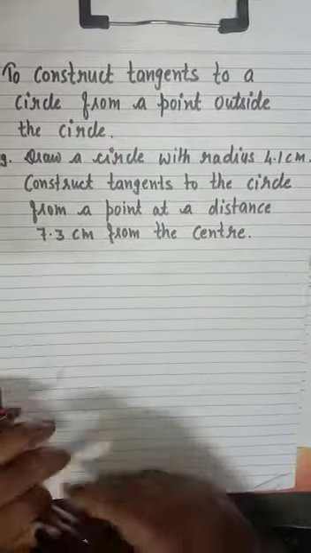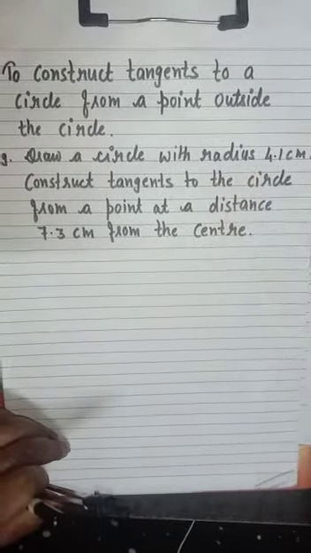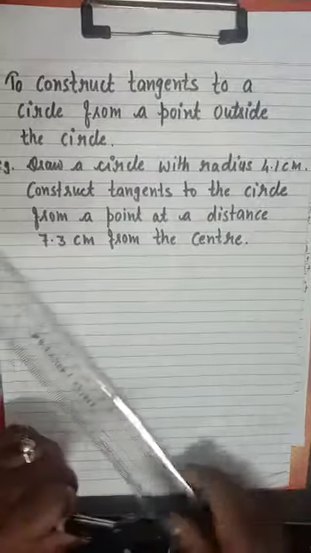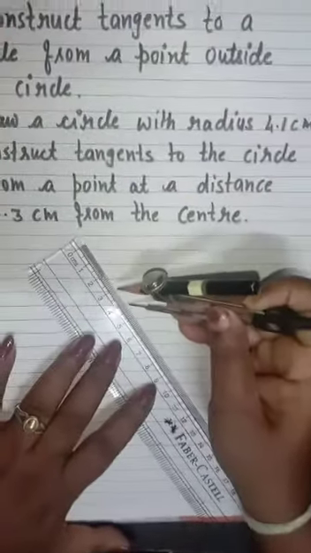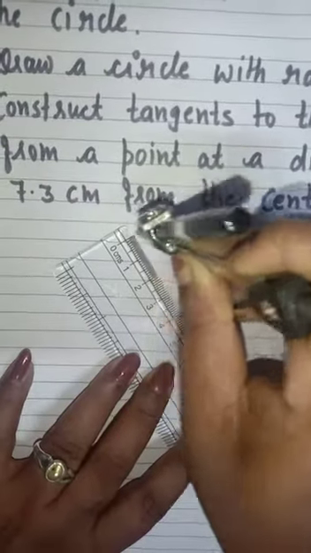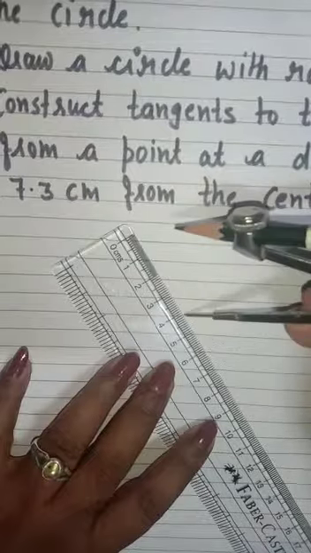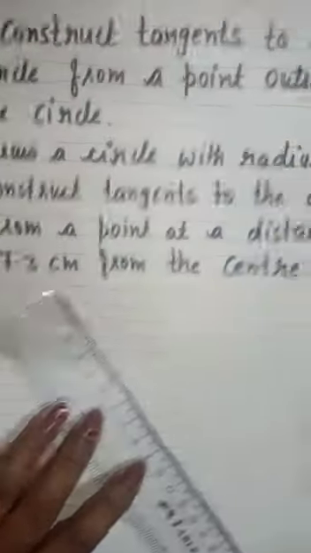So first we'll draw one circle of radius 4.1 centimeter. This is the ruler. Take the radius equal to 4.1. I'm taking 4.1 with the help of ruler and compass, because in the question the radius is given as 4.1.